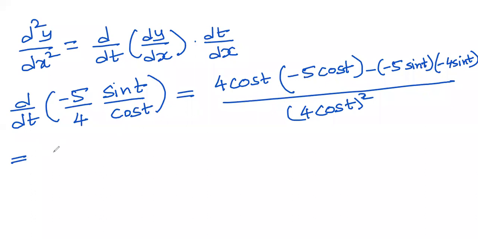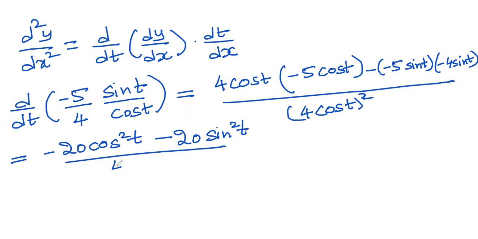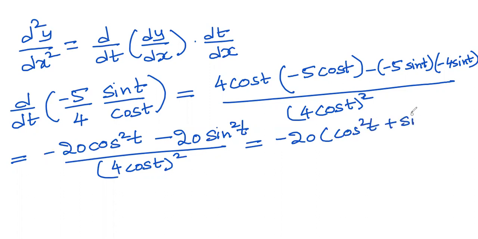this is going to be minus 20 cos squared t, and this is positive, and again there is a negative over here, so it is negative 20 sine squared t over 4 cos t the whole squared, which is going to be, you take negative 20 as common factor, you get cos squared t plus sine squared t divided by 16 cos squared t.